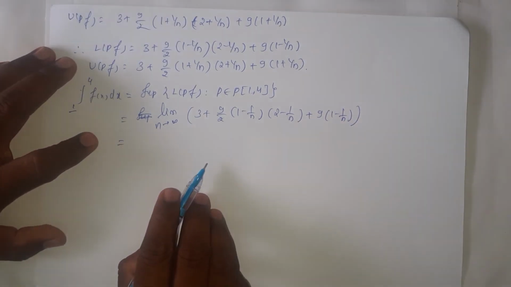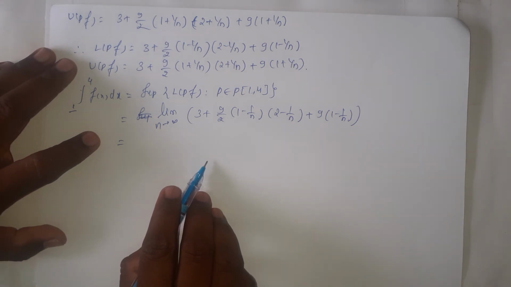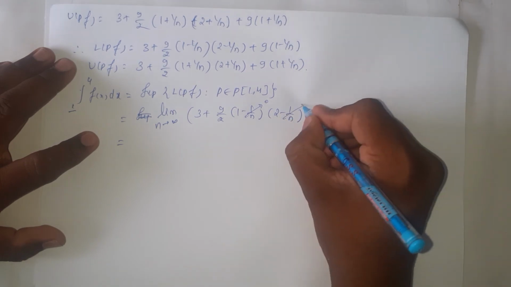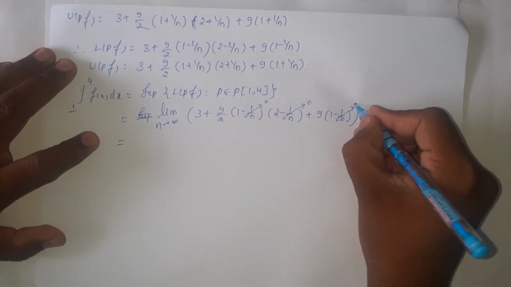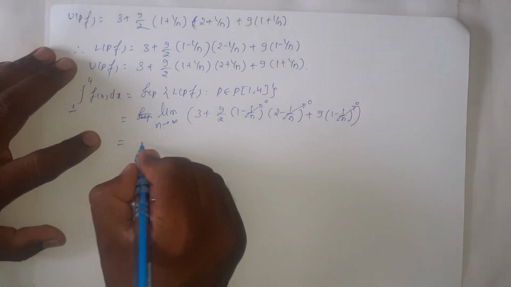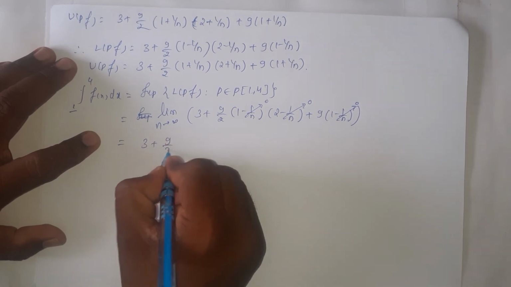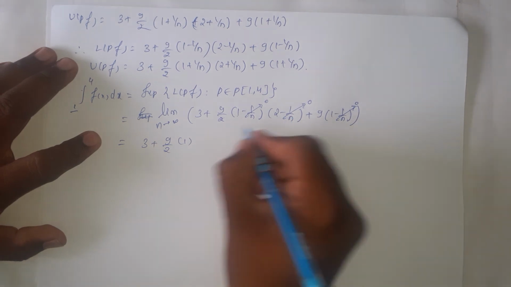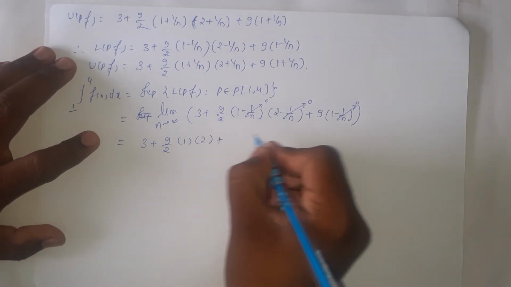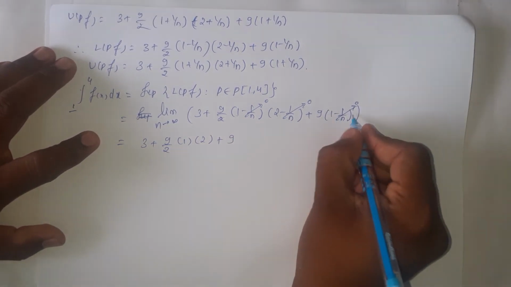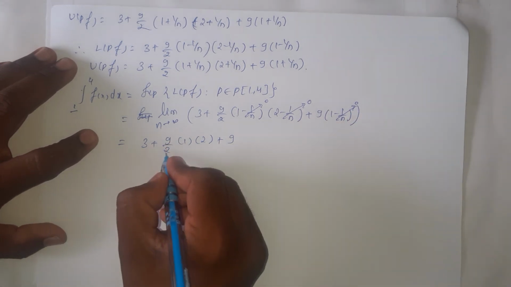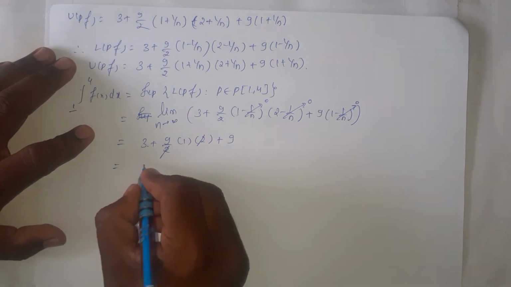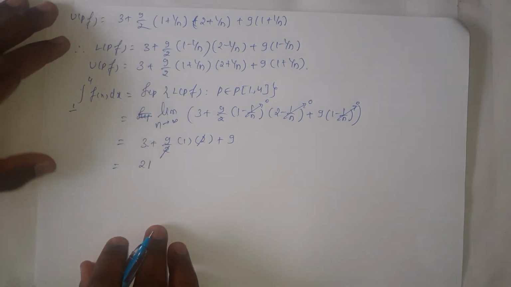Now, after applying the limit as n tends to infinity, this term becomes 0, this is also 0, this also 0, then it is 3 plus 9 by 2. Now, 1 minus 0, that is 1, 2 minus 0 is 2 plus 9 into 1 minus 0, that is 1. So, 2 and 2 get cancelled. Now, it is 3 plus 9 plus 9, that is equal to 21.